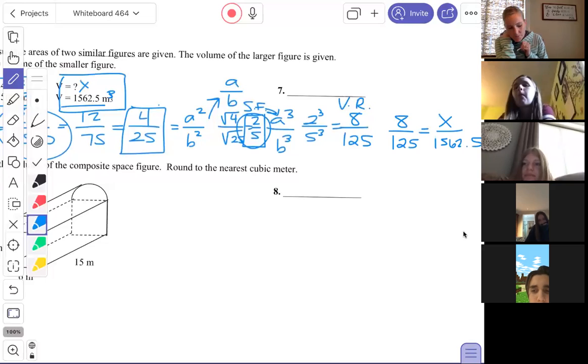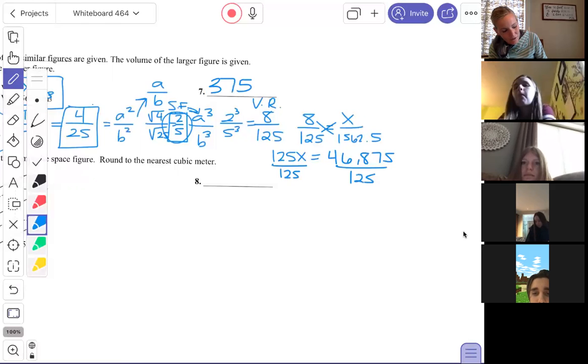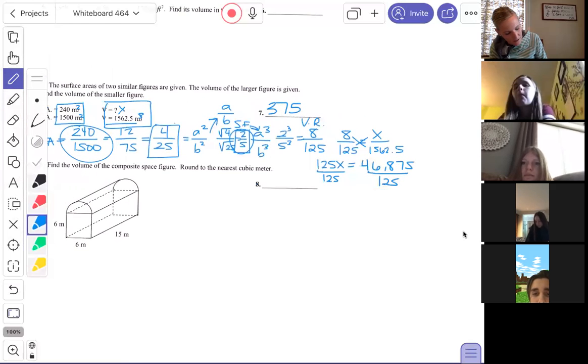So X is going to go up top, and then we'll cross multiply. So it's going to be 125X equals 8 times 1562.5, and this number is 46,875. Then divide by 125, and you get 375. And then just make sure you label it correctly. So we were talking meters, so this is meters cubed because it's a volume.